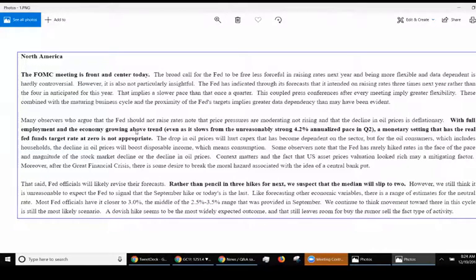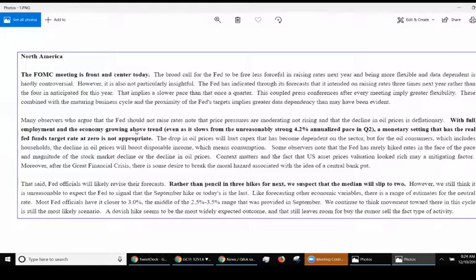Many observers, and you'll hear these arguments, and here's a counter argument for it. Many observers who argue that the Fed should not raise rates note that price pressures are moderating. He's talking about guys like me here, what I just said, are moderating, not rising, and that the decline in oil prices is deflationary. That's basically what I just said. He's got cover to not raise rates or to back off next year. But read this.